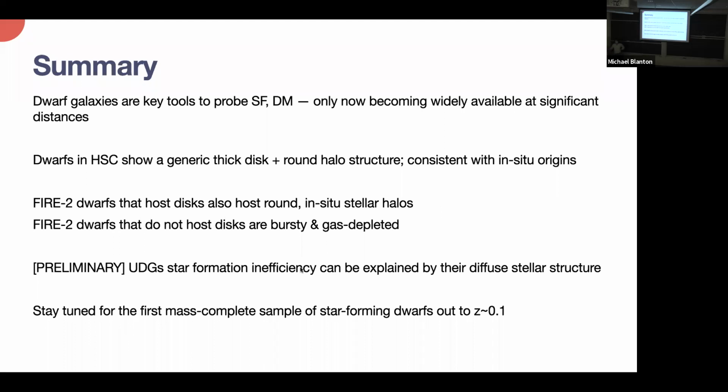What about the dark matter distribution? In the FIRE simulations, is it cuspy in the center? Is it very broad? Where are these baryons and stars relative to the dark matter? Yeah, so one of the reasons why this bursty star formation model is preferred is because it helps form cores in these FIRE dwarfs.